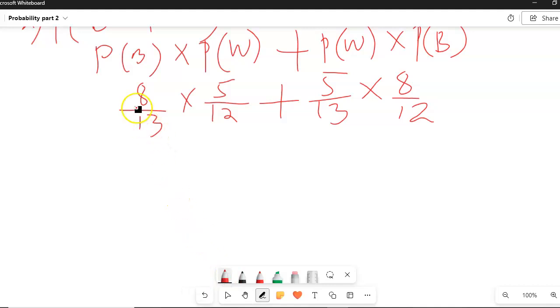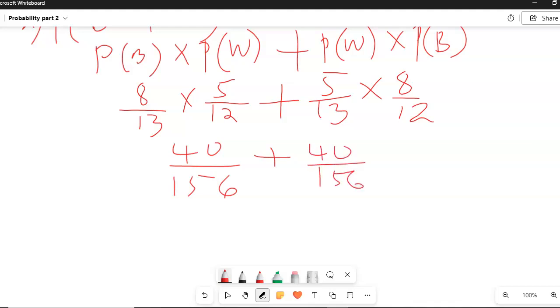So 8 over 13 times 5 over 12 should give us 40 out of 156. The same case, 5 over 13 times 8 over 12 should give us 40 out of 156.